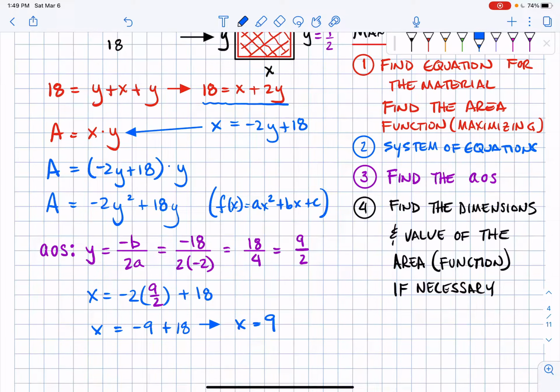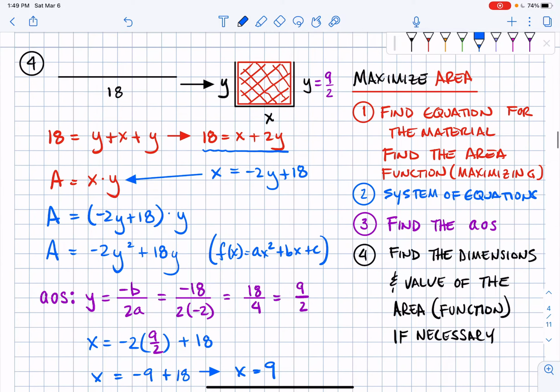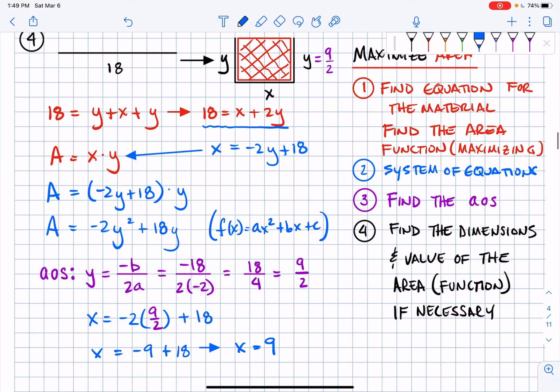So what is the problem asking for? It's only going to ask for the depth, how deep this gutter is, which would be my y value. It doesn't ask how wide it is, but how deep it is, which is my y value.